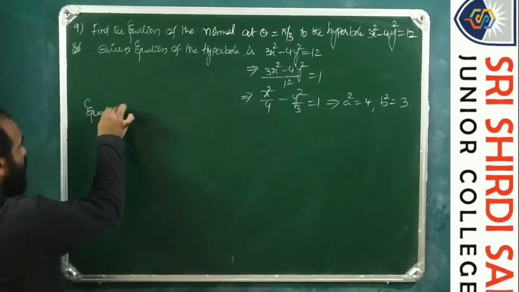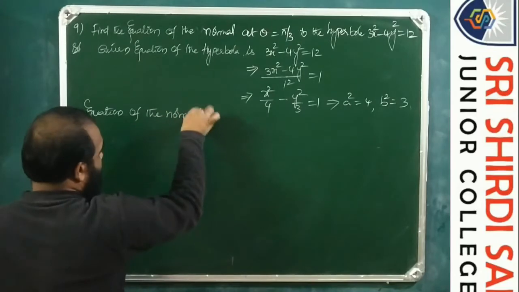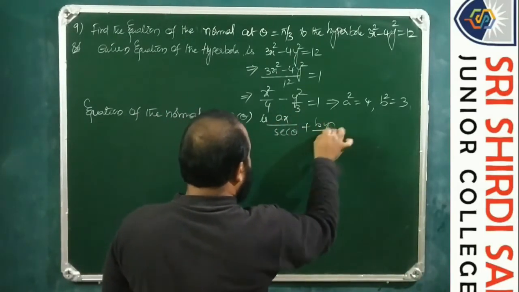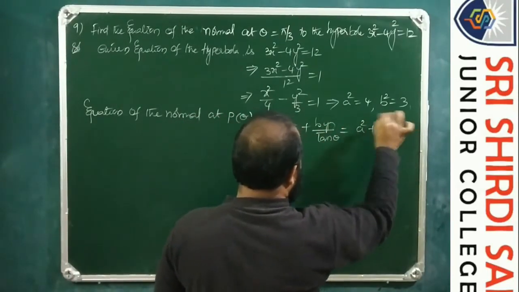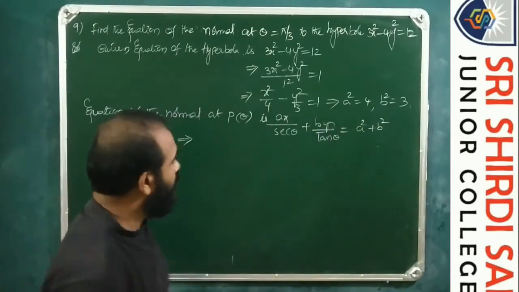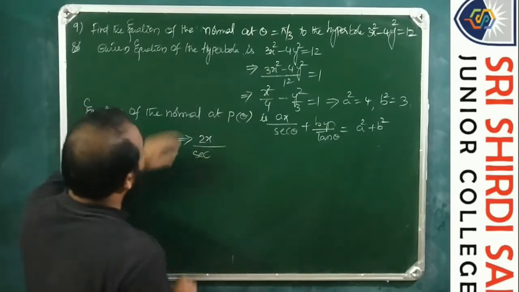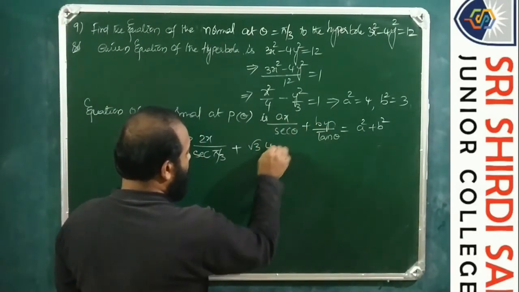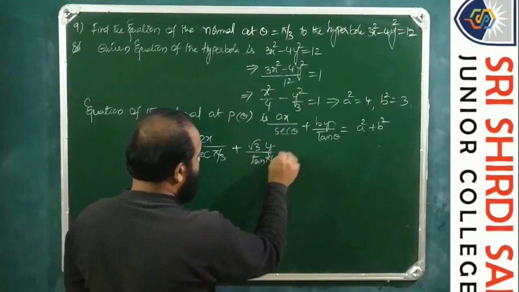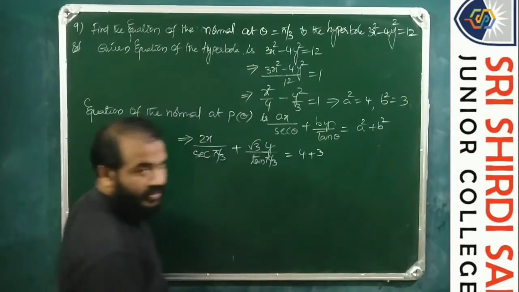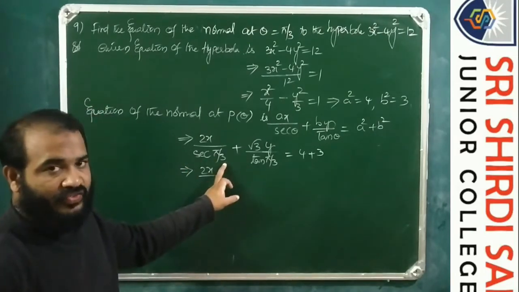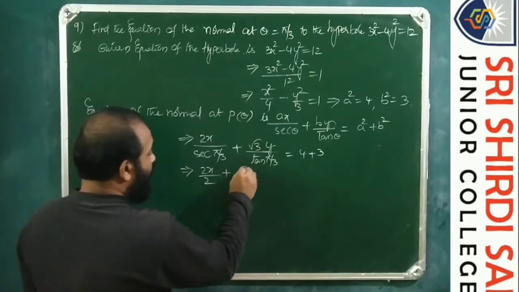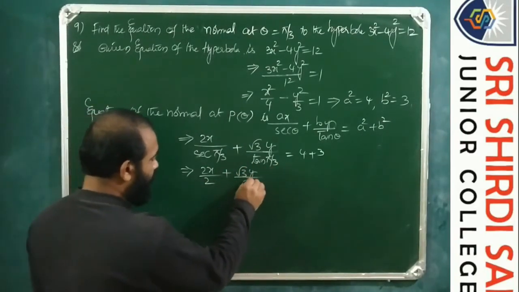So the equation of the normal at P(θ) is ax/sec θ + by/tan θ = a² + b². So a is 2, so 2x/sec(π/3) + b is √3, so √3y/tan(π/3) = 4 + 3, a² + b². Sec 60° is 2, and tan 60° is √3, equals 7.